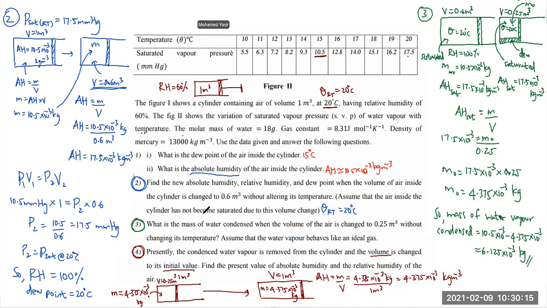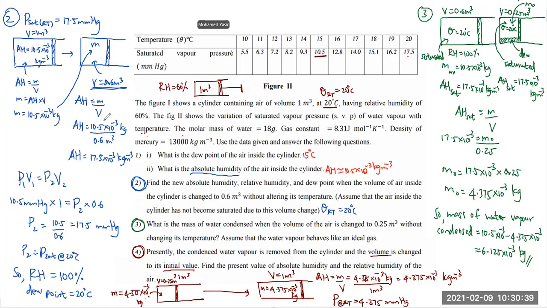Therefore, I think we can use the same relationship and write down the vapor pressure at room temperature. How much is that going to be now? Not 10 to the power minus 3, it is 4.375 millimeter mercury.